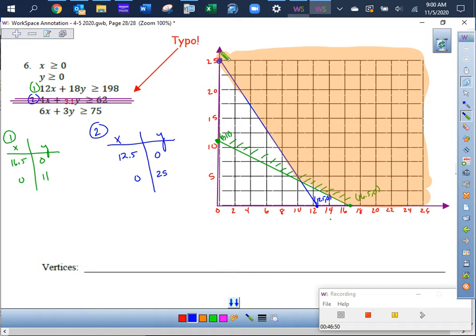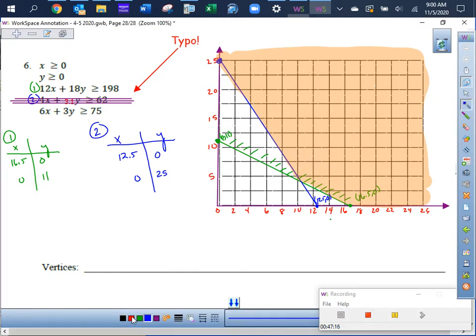So the biggest mistake students make is always assuming this pink region is the one that gets shaded in. That is not the region that got shaded in this case. It's the orange region that gets shaded in. The symbols were greater than this time, and we did the test point.